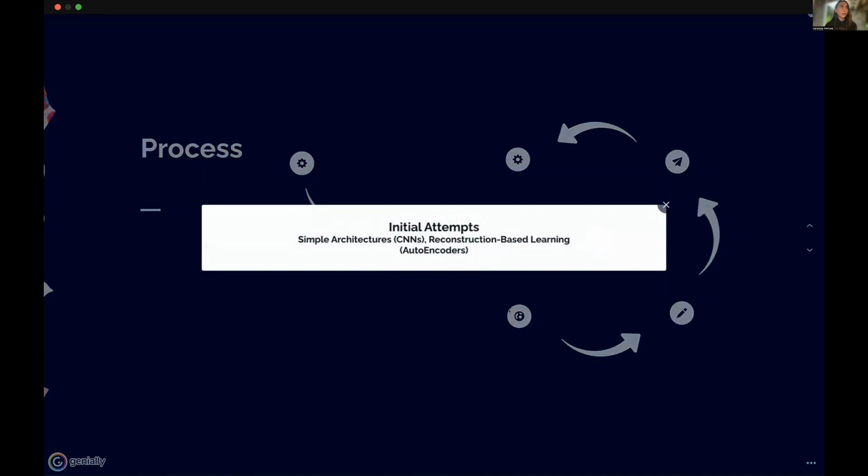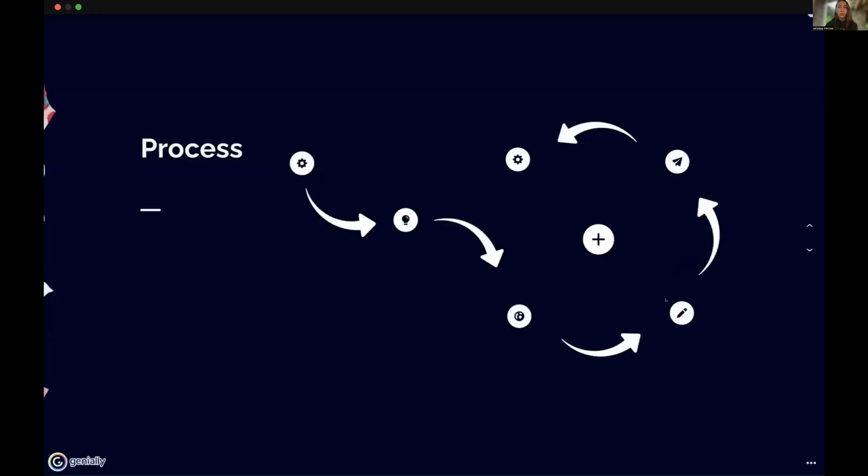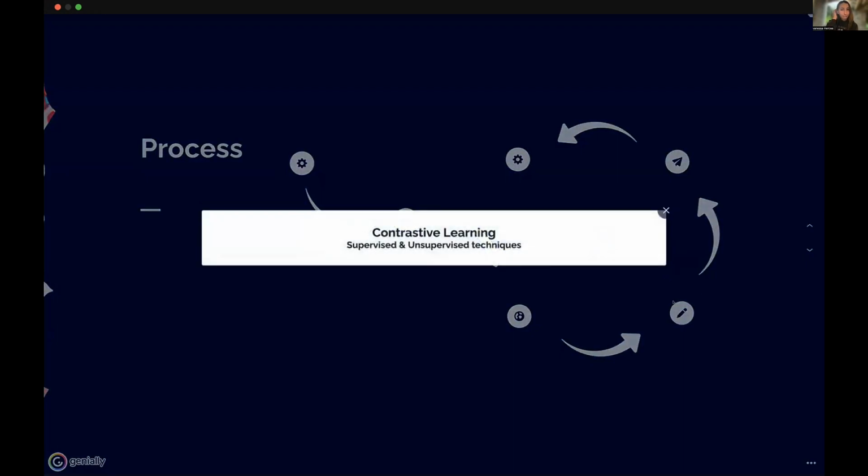Then, like a year back, we tried some initial attempts. We tried simple architectures like stacking some convolutional neural networks together or implementing reconstruction-based learning methods, but these all proved insufficient even to converge on these data sets. We eventually ended up trying out contrastive learning techniques that I will present in a moment, which proved to be quite good.